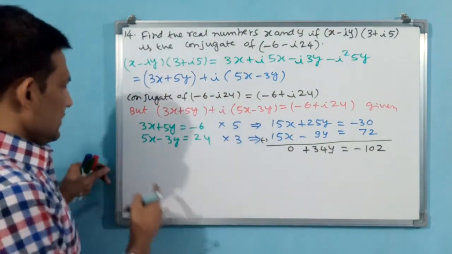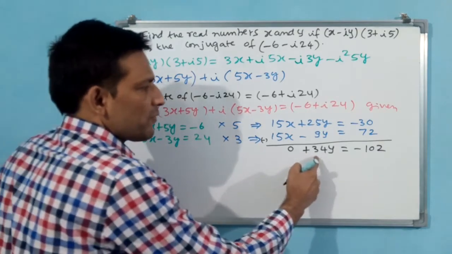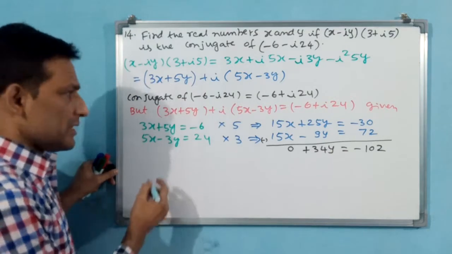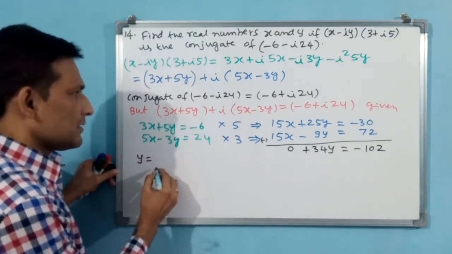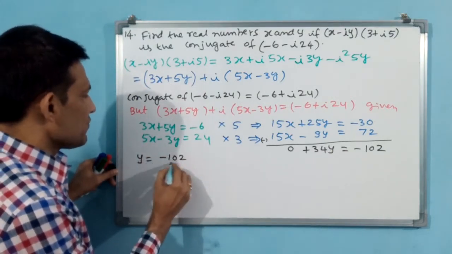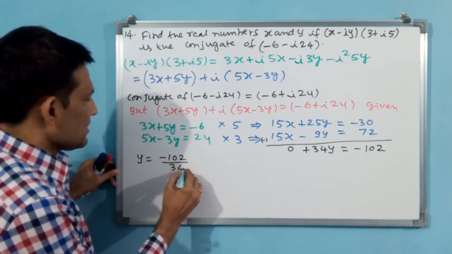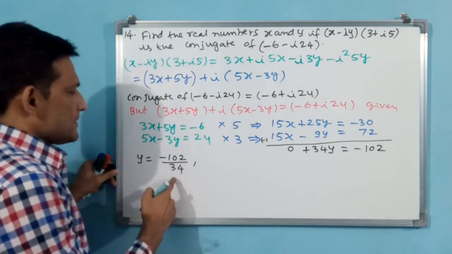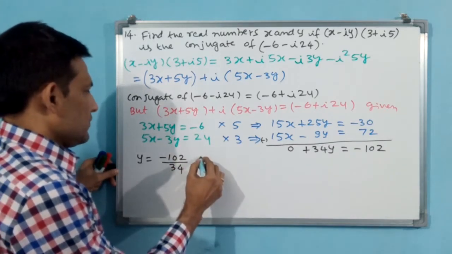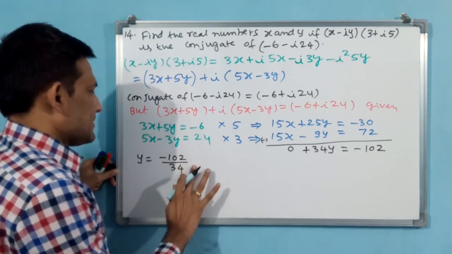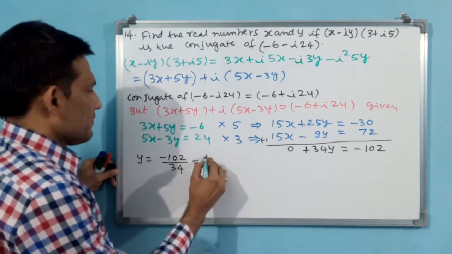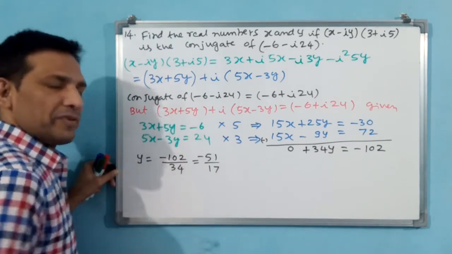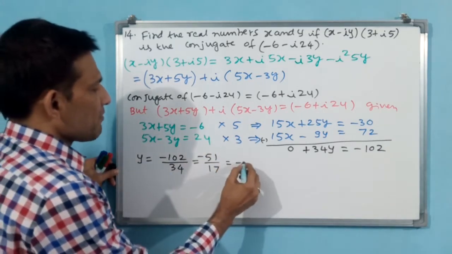Okay. Now remaining I am writing here. You see, when 34, see 0 you write, don't write. 34y is equal to minus 102 means y is equal to minus 102 by 34, minus 51 by 17. 2 17s are 34, 17 3s are 51, minus 3.